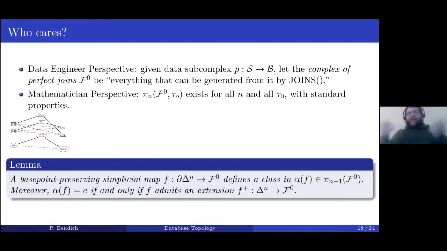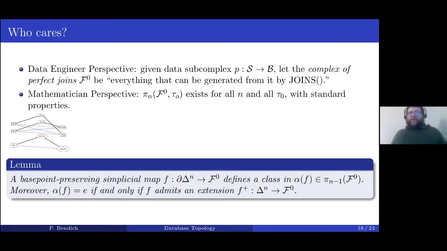Okay, so let's make a new definition from a data engineer perspective. Suppose you hand me a data subcomplex off the street. What that really means is I do a bunch of surveys, I have a bunch of data tables, and I consider faces and degeneracies and things like that. That's just the data I have on my desktop right now, the tables. I'm going to define the complex of perfect joins, script F upper 0, to be everything that can be generated from it by joining stuff.